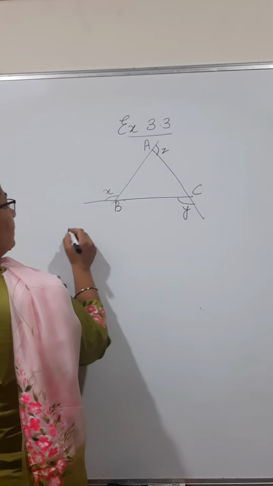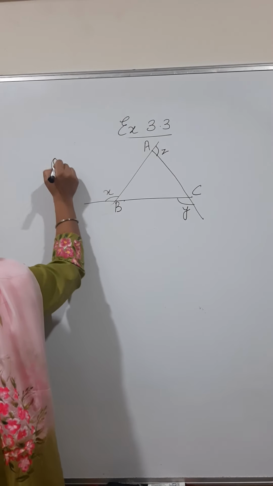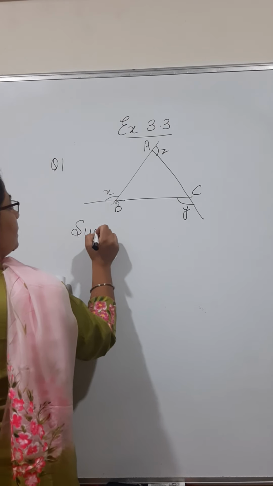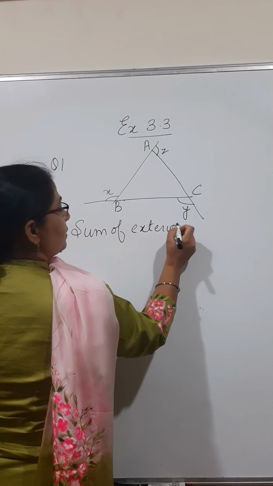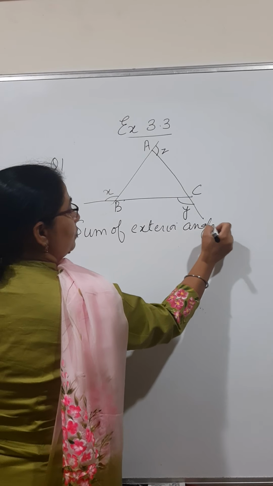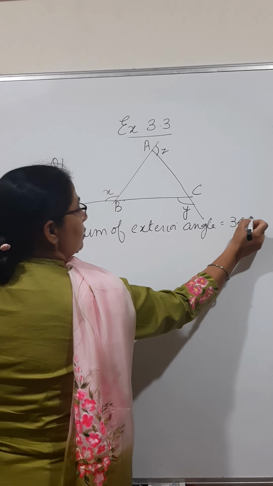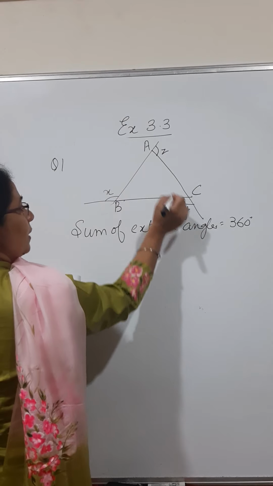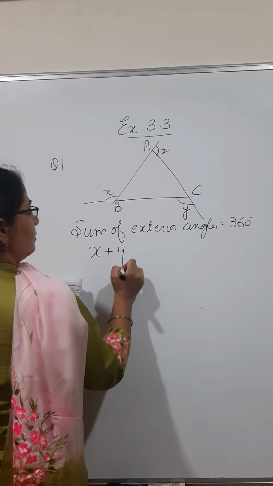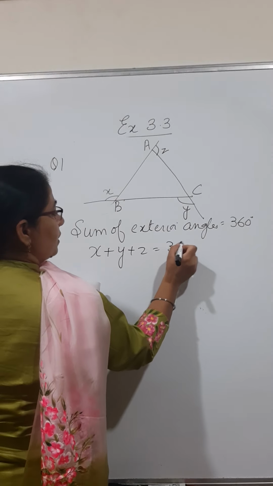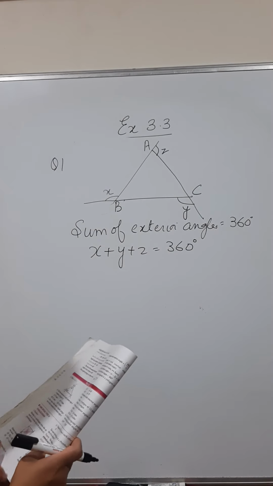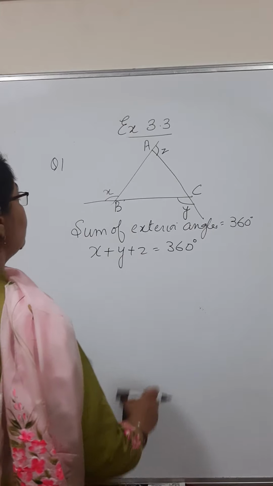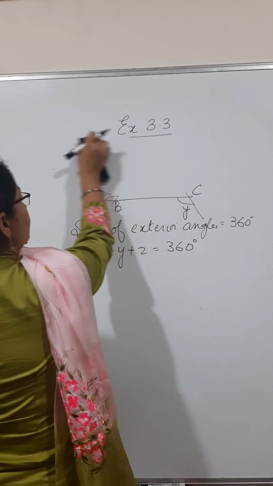X, y, z are the exterior angles, and we know that the sum of exterior angles is equal to 360 degrees. So as x, y and z are the exterior angles, x plus y plus z will be equal to 360 degrees.